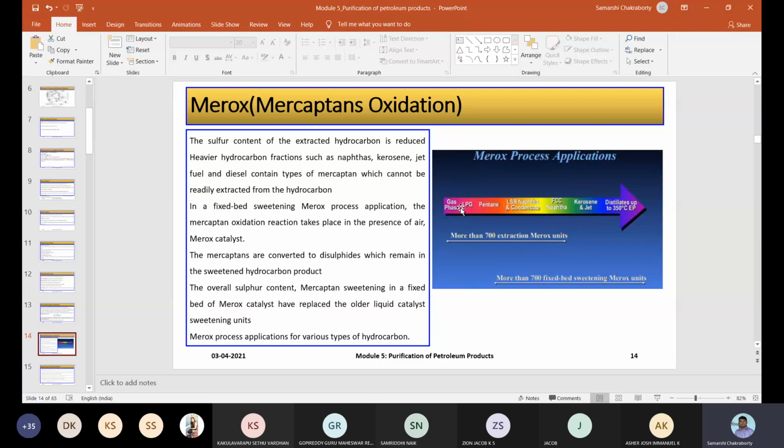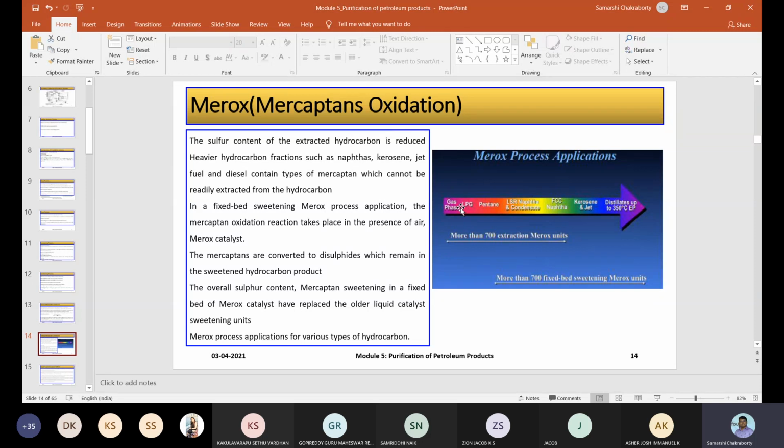Obviously kerosene and jet fuel, because the purification requirement for those type of products are very high. So kerosene and jet fuel will also be treated, with naphtha and distillates up to 350 centigrade boiling point, you can be treated using this type of Merox treatment.